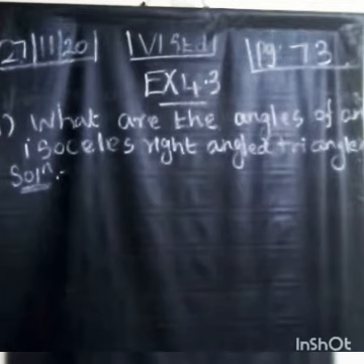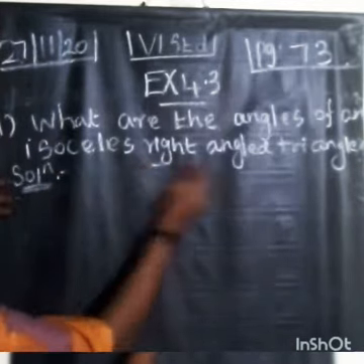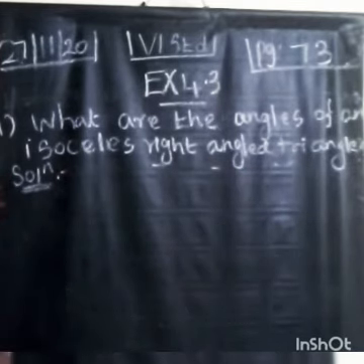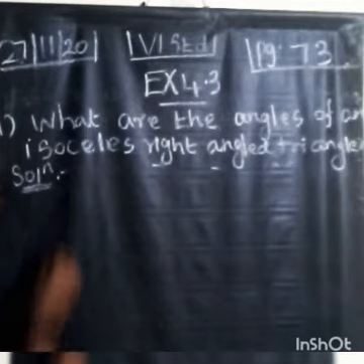So the properties are: it is a right angled triangle, so one angle must be 90 degrees.